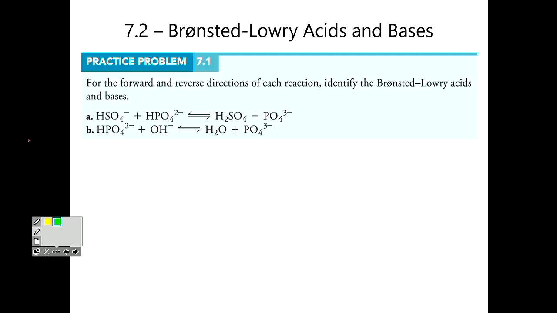So, in this case we're simply identifying which one is acting as the acid, which one's acting as the base. Notice that in these reactions, the first one anyway, there's no water. So this is a Bronsted-Lowry process, right? So which one is the acid on the left for reaction A?